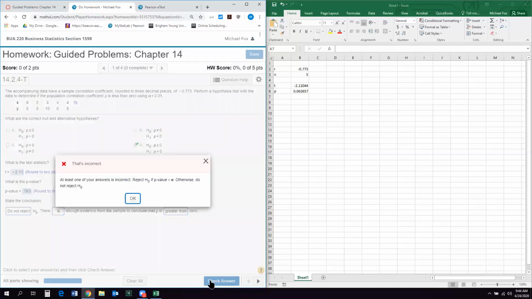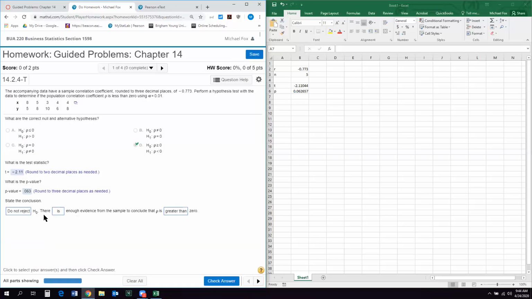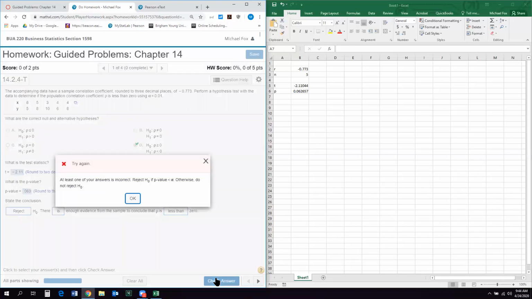It's gonna be like, no, dummy. It's gonna be like, okay, how about we reject it? Because there is enough evidence to conclude that it is less than 0. Okay.